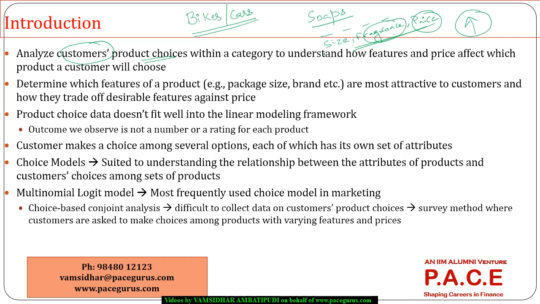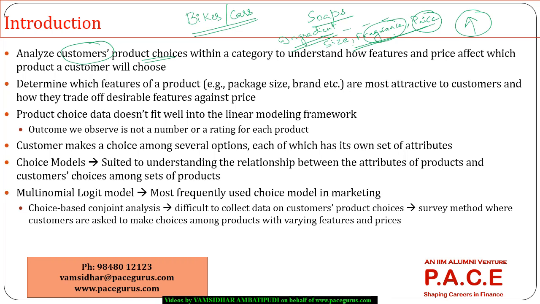Or is it the size, or a particular ingredient that has gone into the soap? We don't know, because each product is differentiated on different aspects. Now, when a customer has purchased one particular product, it could be because of any one of these or a combination of these features which has made him purchase that particular product.